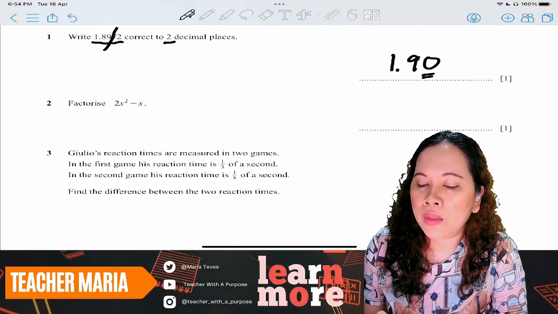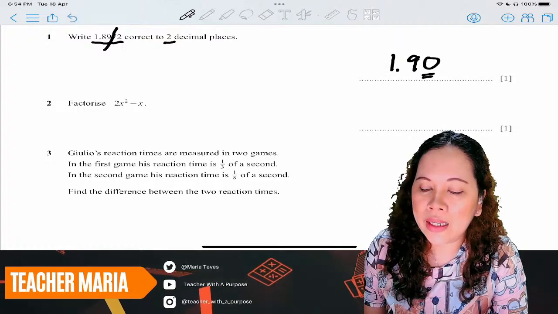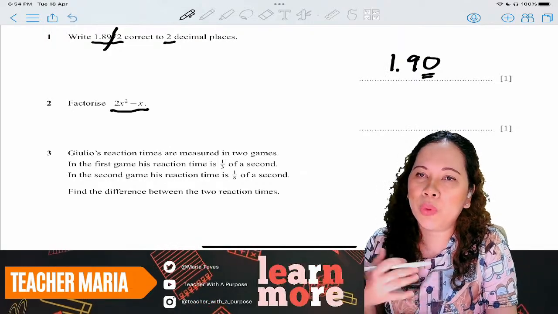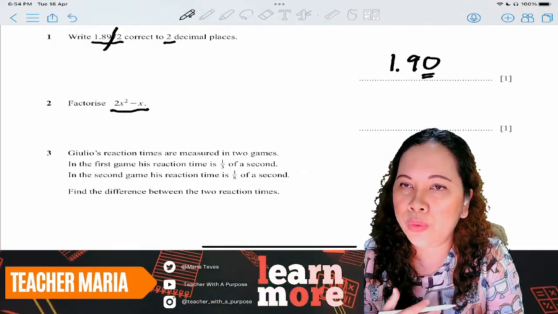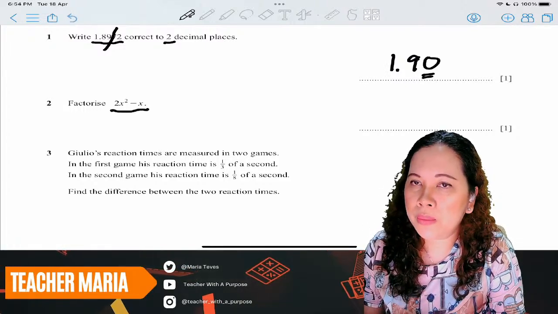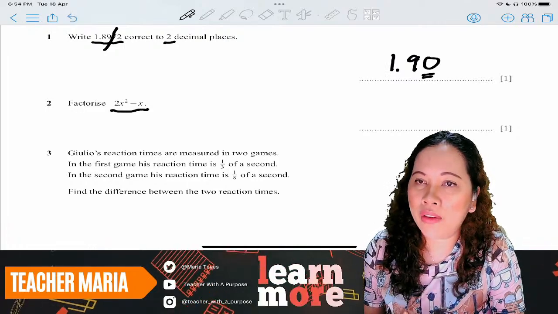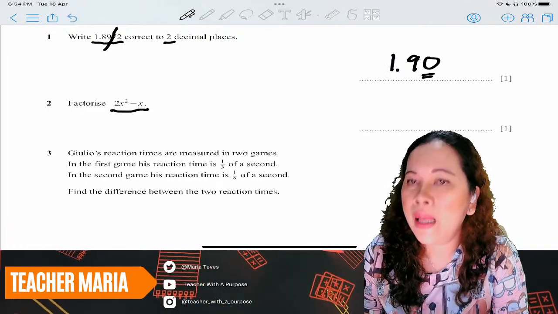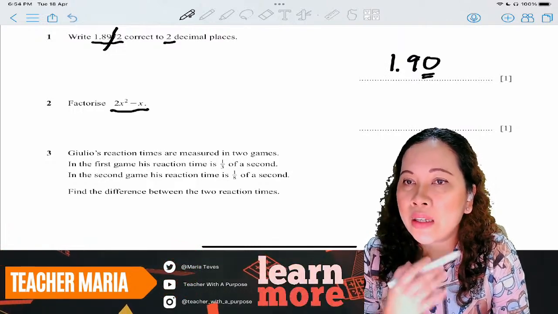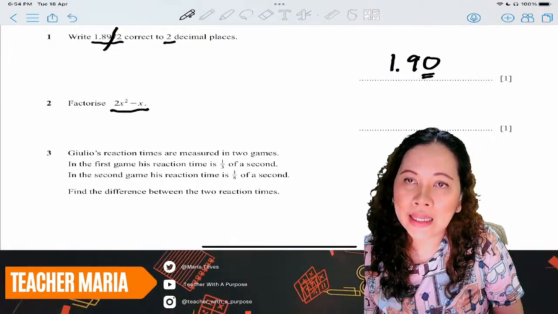All right. Now if you are asked to factorize 2x squared minus x. When we do factoring, from the word factoring, that means we are to look for those that are common between the two terms. Between the two terms, 2 is not common. X, however, is common. When you find a variable that is common between two terms, you have to take the least exponent.